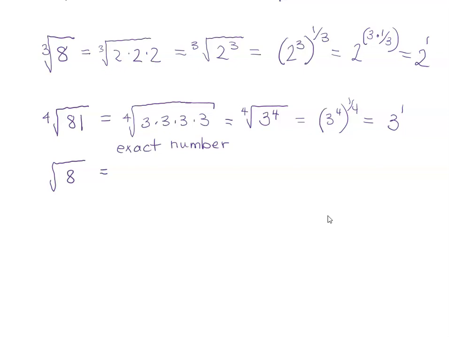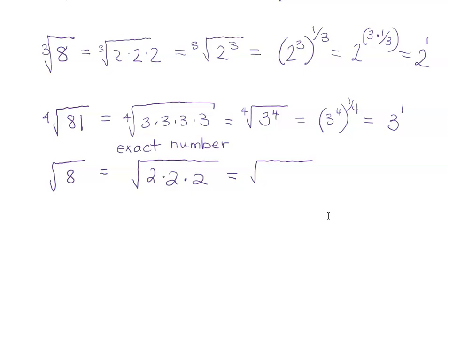So what I'm going to do is I'm going to pull this 8 apart, and I'm going to take it down to its primes. So I've got a 2 times a 2 times a 2, right? So now I've got 3 2's under here, and I am looking for a square root, right? So I can turn these 2 into a square. So let me go ahead and do that. And this seems like a lot of extra work, and I'm not expecting you to do that unless it helps you make sense of it.